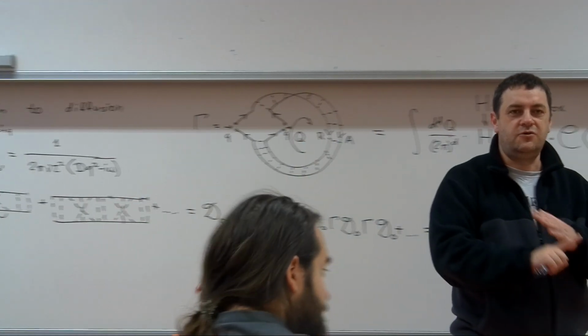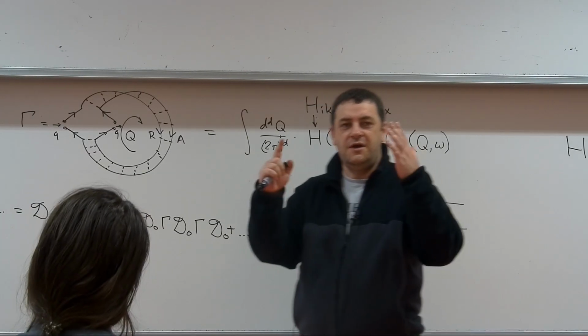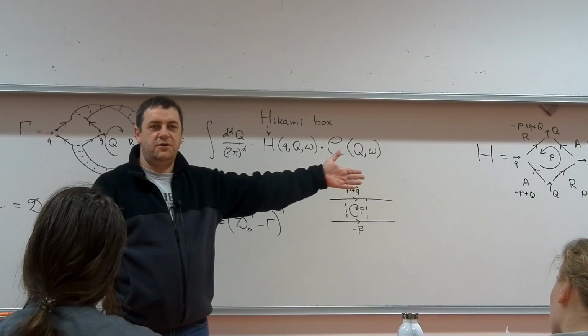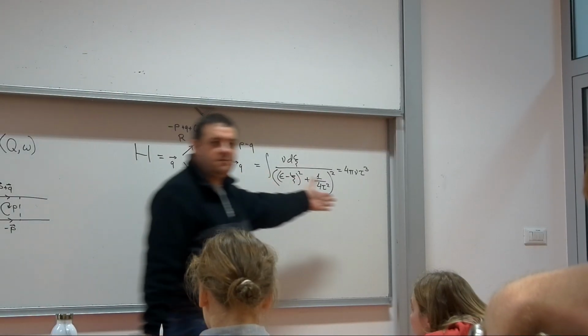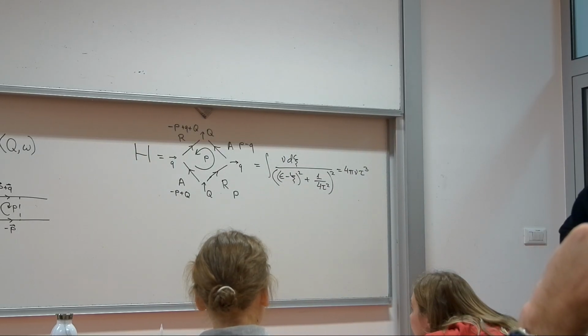It's no longer zero when Q and omega are zero. The number of particles is not conserved anymore. So, sorry, this is wrong. This cannot be correct. Something is missing.